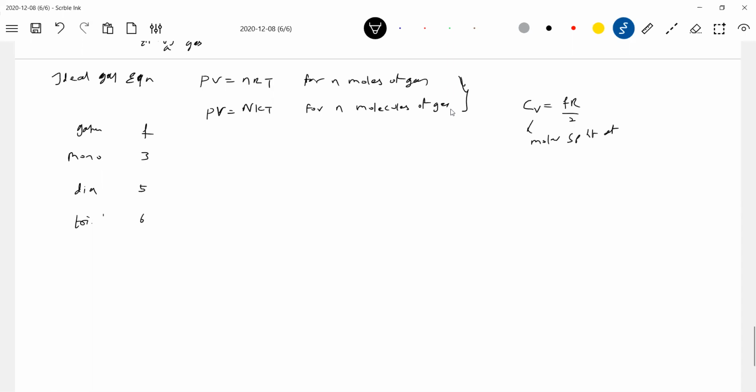Molar specific heat of gas at constant volume. And from Mayer's equation, what we can write, Cp minus Cv equal to R. And what is Cp?